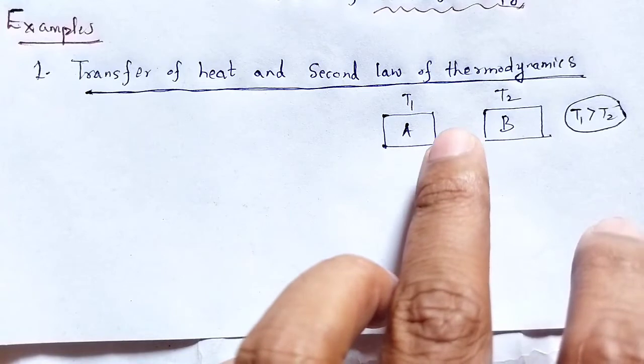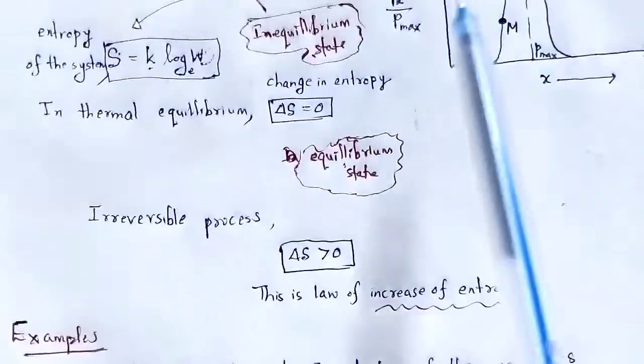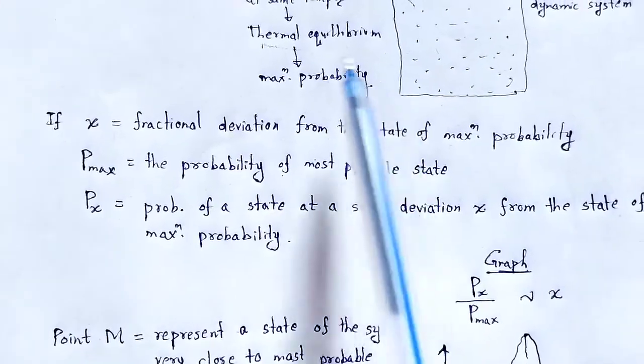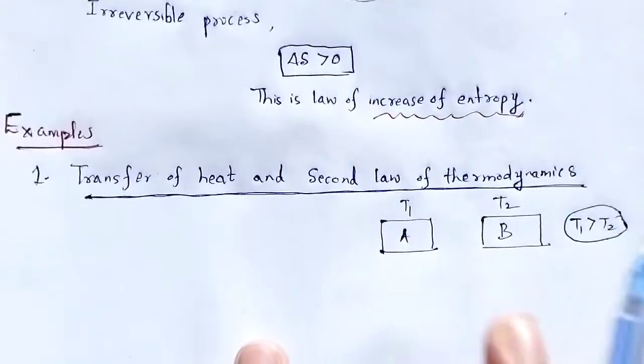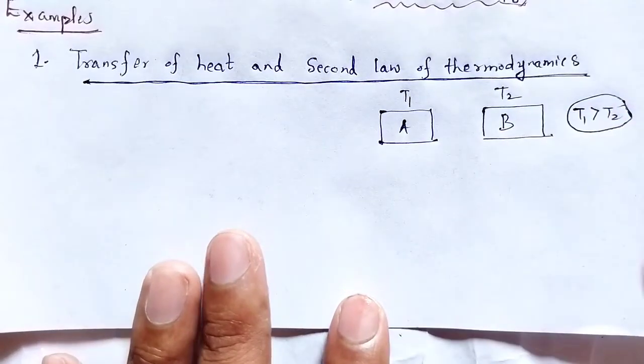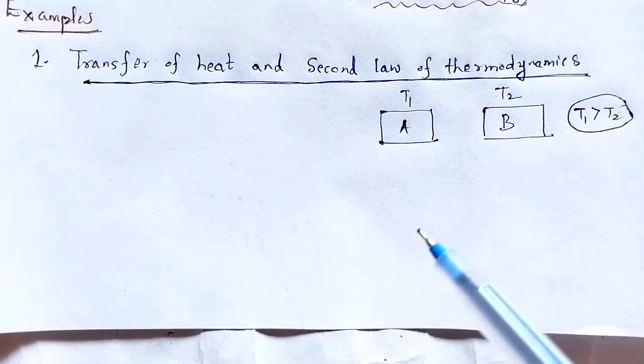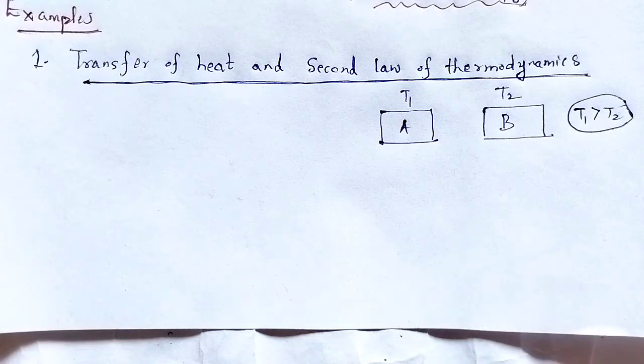Since the thermodynamic probability, which is W, is maximum at equilibrium state, in the previous section we studied maximum probability at thermal equilibrium conditions. Here the two bodies are said to be in thermal equilibrium. Now the temperature of A and B will be the same, and when these two are in contact, the thermodynamic probability W will be maximum, since it is in the state of thermal equilibrium. So, during the process of transfer of heat, thermodynamic probability W increases and then becomes maximum at equilibrium state.